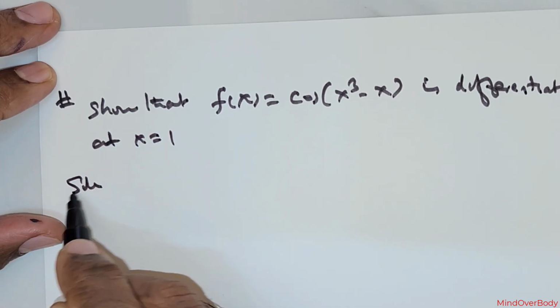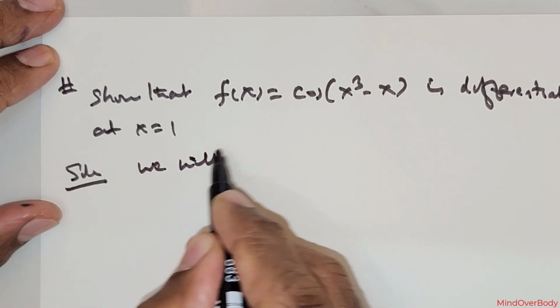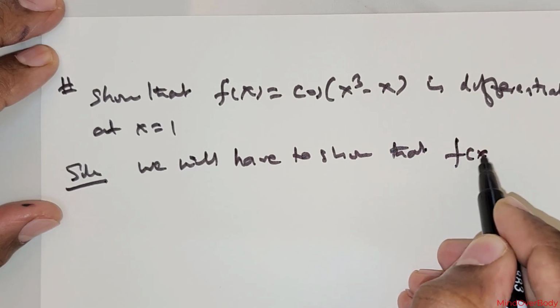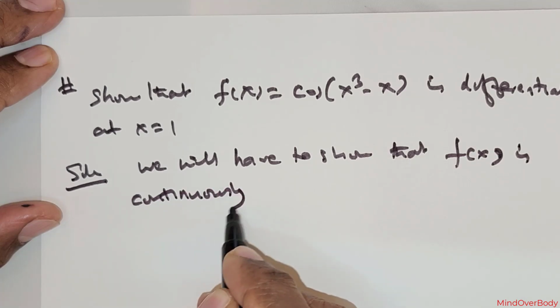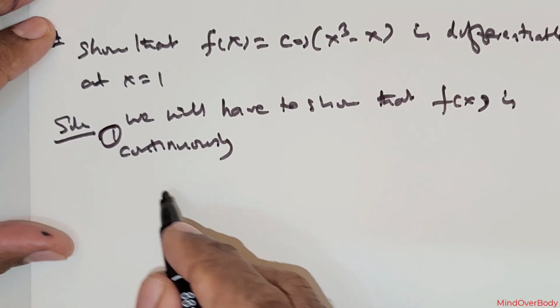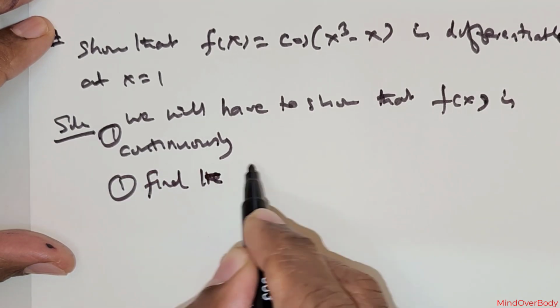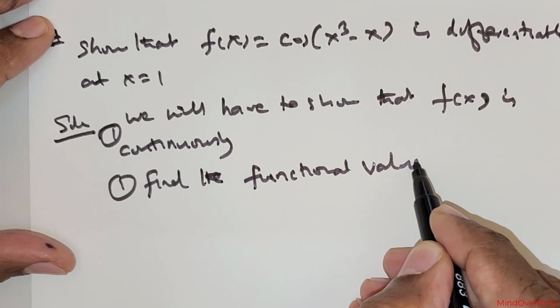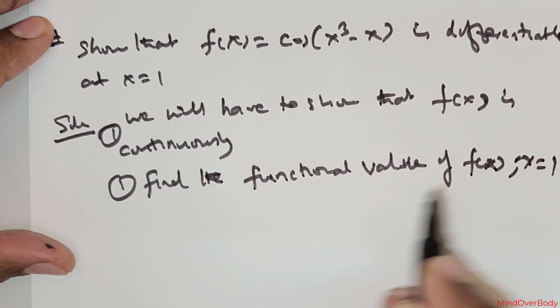So, solution. Foremost, we have to show that f(x) is continuous. This is the first step. For that we need to execute the following steps. First, find the functional value of f(x) for x = 1.